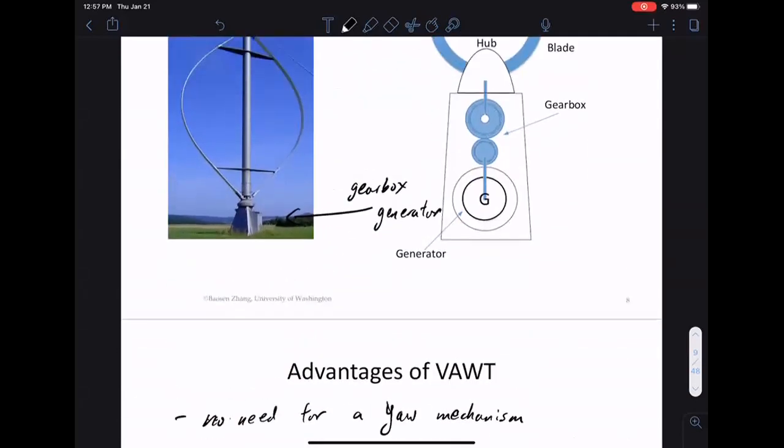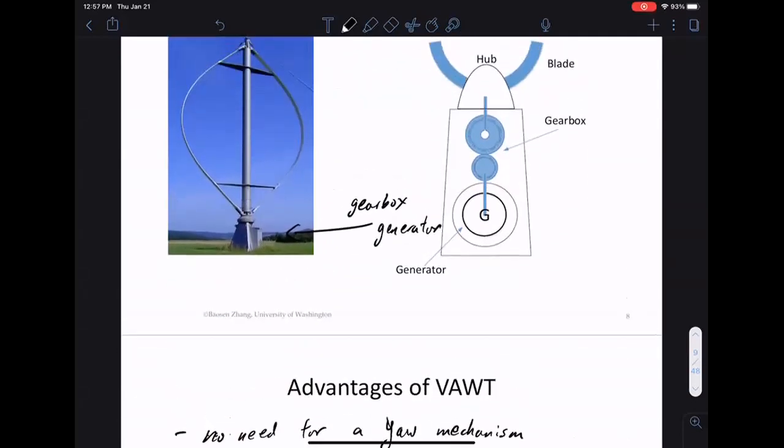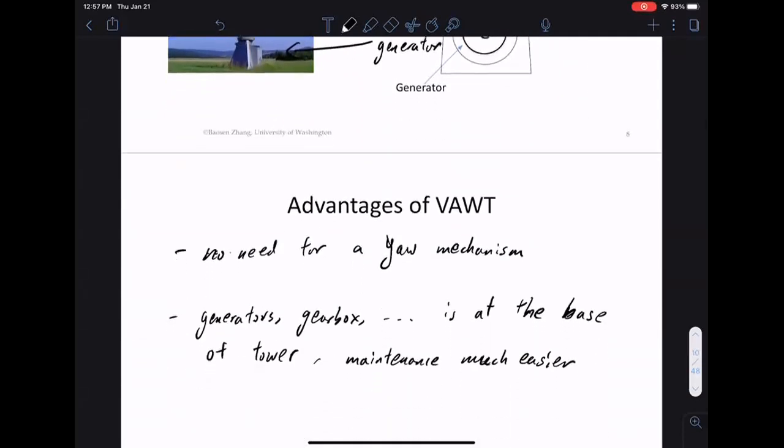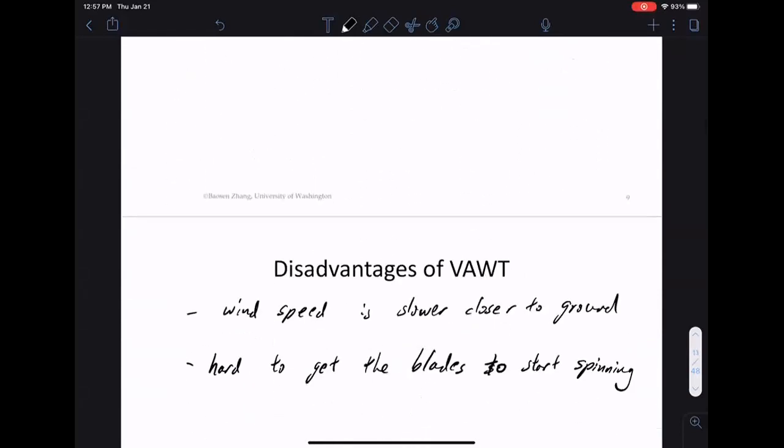You don't need to build something that's 100 meters tall and weighs a couple of tons, so you can build this fairly easily if you need a smaller amount of power. They're entering especially in microgrid considerations.